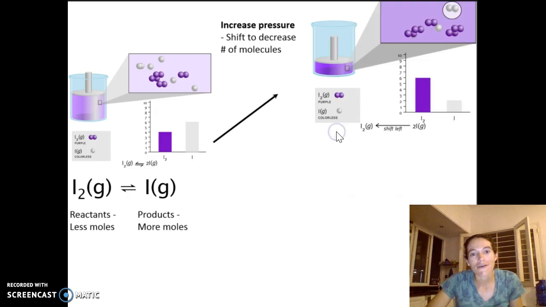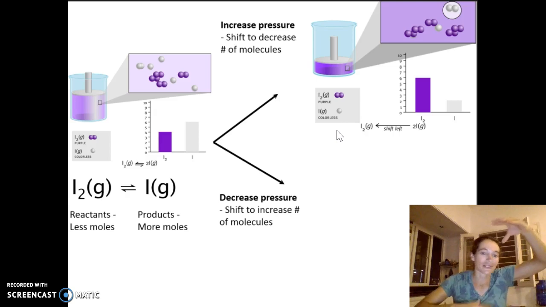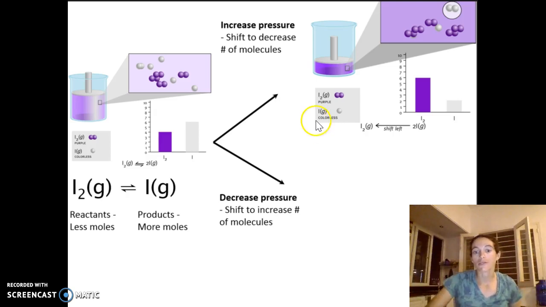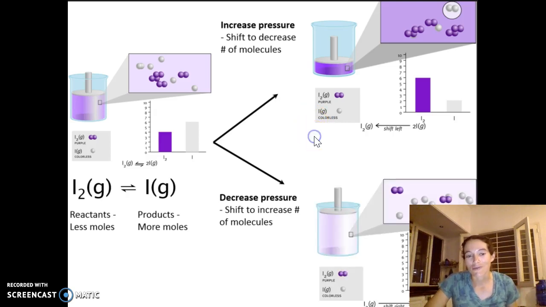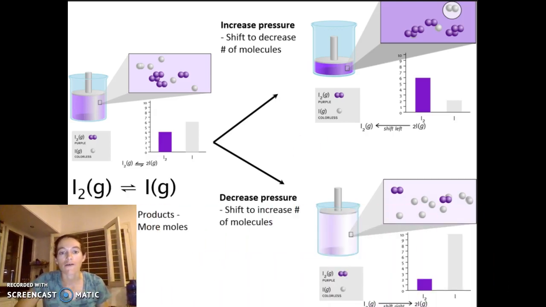And if we decrease the pressure, basically give it more space to spread out, we're going to be able to create more molecules, if that's a possibility in the reaction. And so we'll favor the species that has more moles of gas.